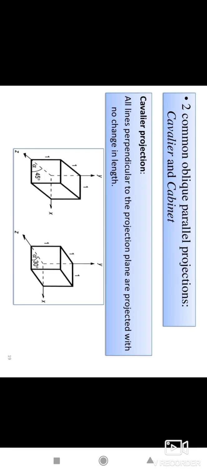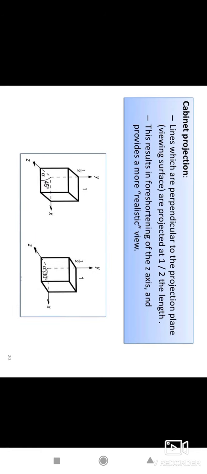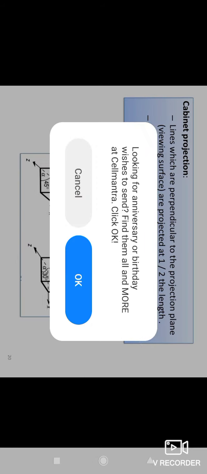In cabinet projection, the lines that are perpendicular to the projection plane are projected at half of their length. This results in foreshortening of the z-axis and provides a more realistic view. Here we keep tan alpha equal to 2, with an angle of 63.4 degrees.